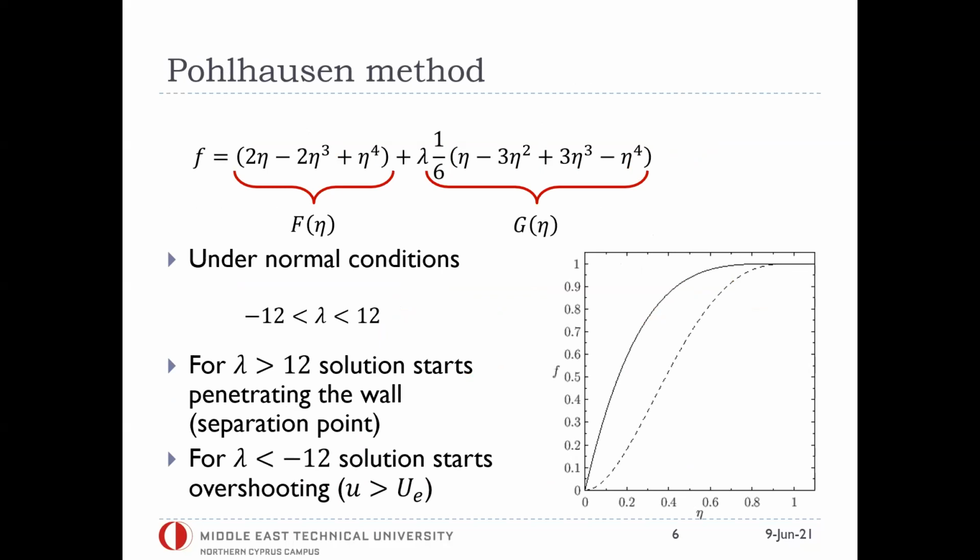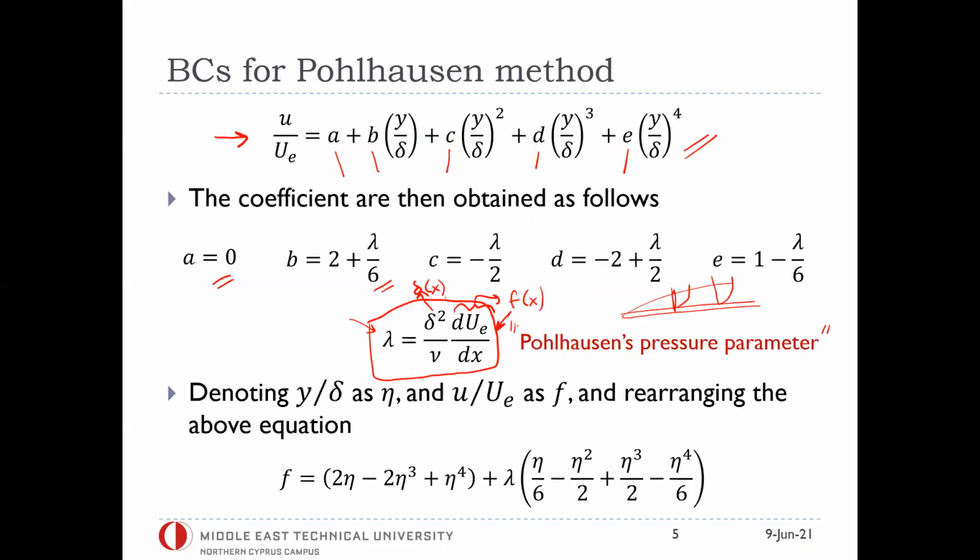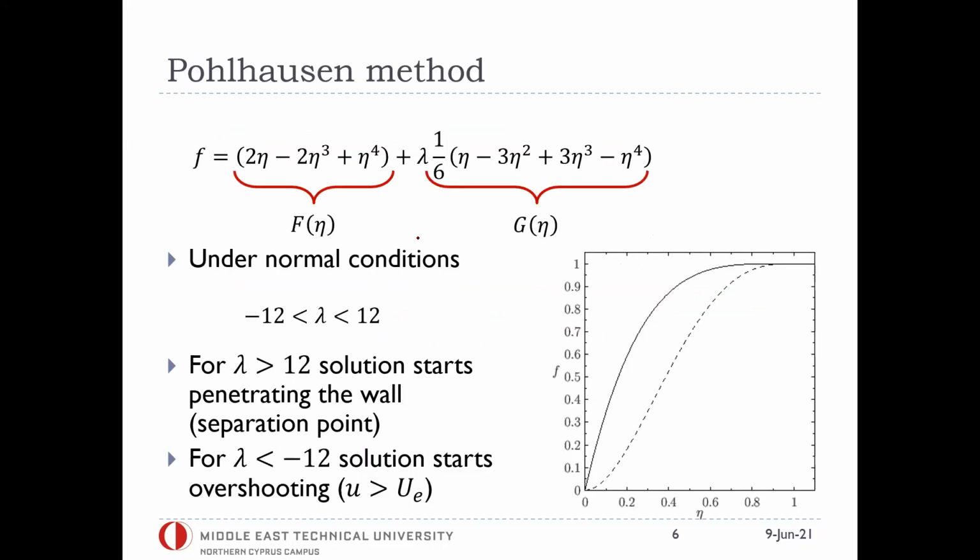We generally divide it into two parts just to make it look better. The first part, we call it capital F of eta, and the second part, the multiplier of lambda, is called G of eta. But don't get confused, we are just giving some names, that's it.